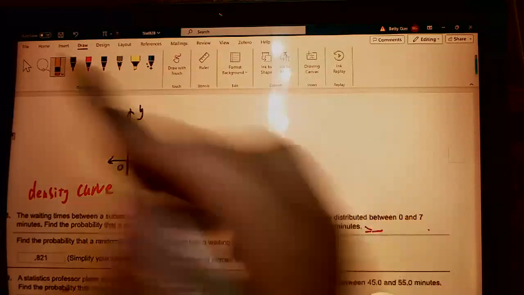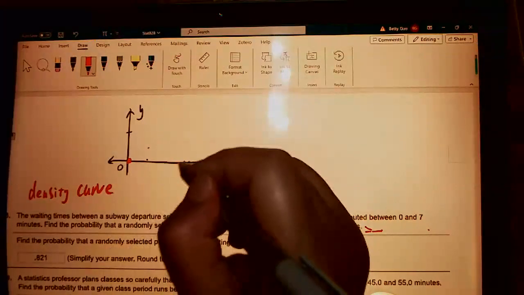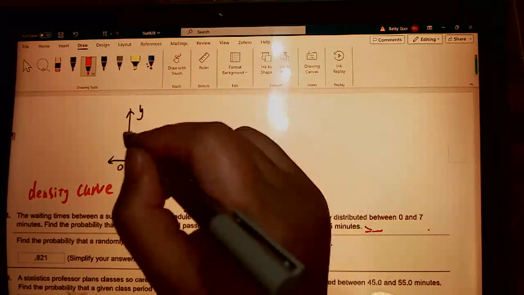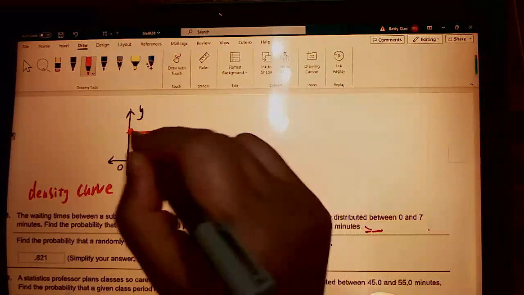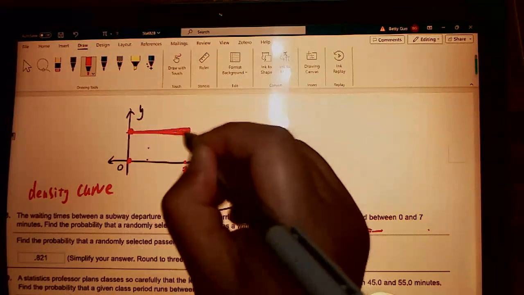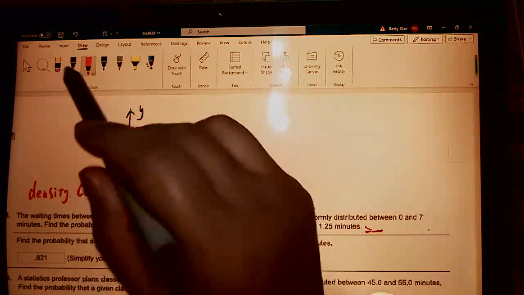A is 0, B is 7. So here is 0, here is 7, and the density curve is this, from 0 to 7.